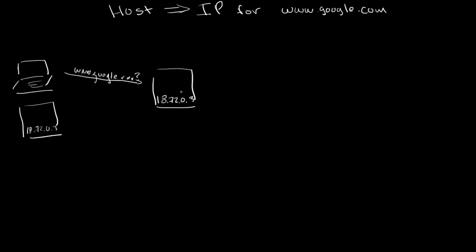And the DNS server, if it hadn't seen this before, would then relay this question to the root server of the web. This is the topmost in the hierarchy of DNS, in the hierarchy of domain name servers within the web. That is denoted by a dot, and this is the root server of the web. This happens to be one of the IPs for one of the root servers on the web.